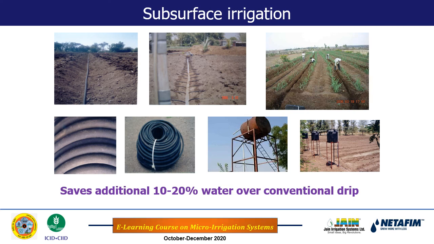This is a specialized type of subsurface irrigation method. Though it is not categorized as a micro irrigation method, it also needs a low, micro discharge, as in the micro irrigation method. So I thought let us spend a few minutes to describe this subsurface irrigation as well.